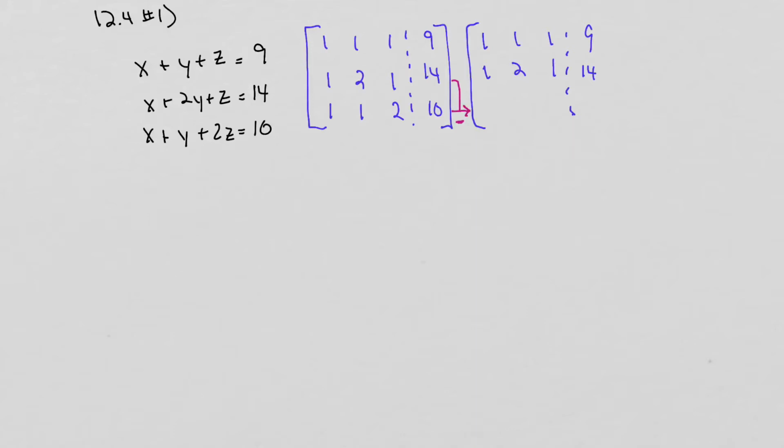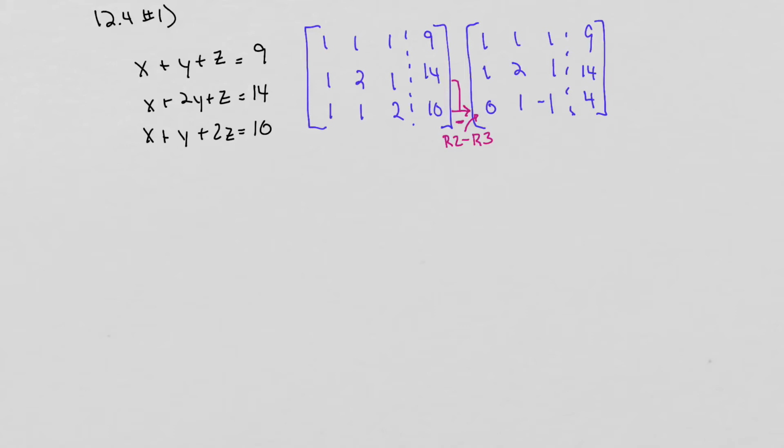So 1 minus 1 is 0, 2 minus 1 is 1, 1 minus 2 is negative 1, 14 minus 10 is 4. Okay, so row 2 minus row 3 went right there.